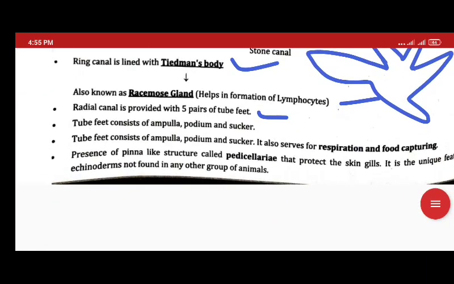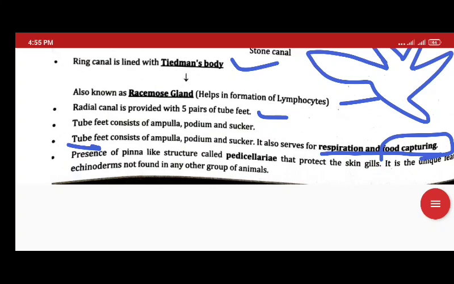Radial canals and tube feet are present. This phylum uses tube feet for rasping and food capturing, and for respiration. So tube feet are a very important organ.